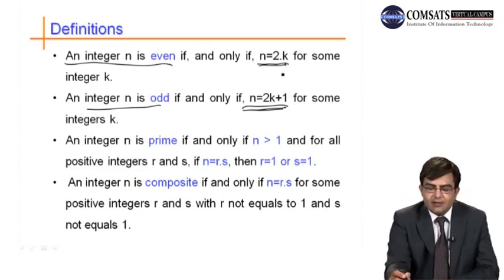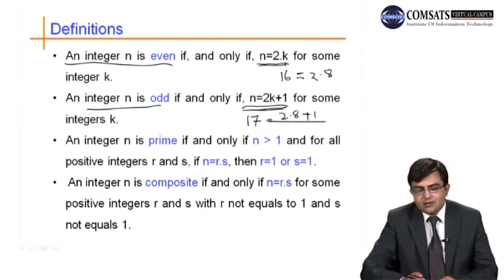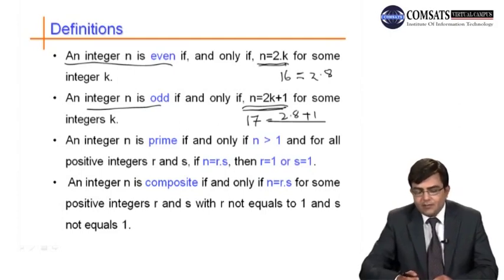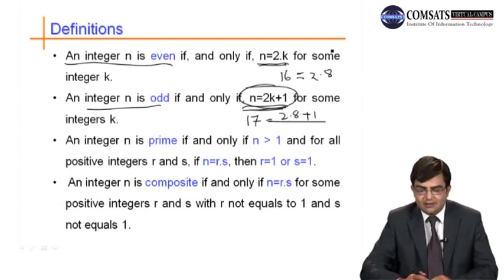For example, 16 can be written as 2 into 8, so 16 is a multiple of 2 and is even. Now the odd integer, for example 17, can be written as 2 into 8 plus 1. Here the dot represents multiplication. So any integer which can be written in this form is called an odd integer.